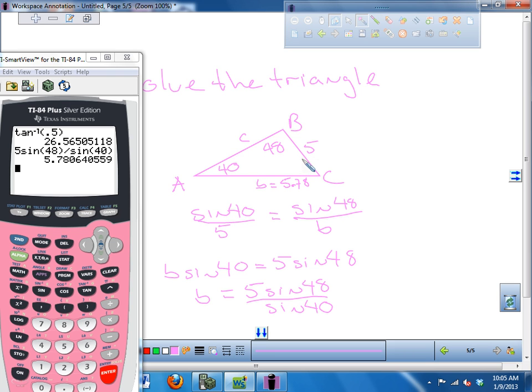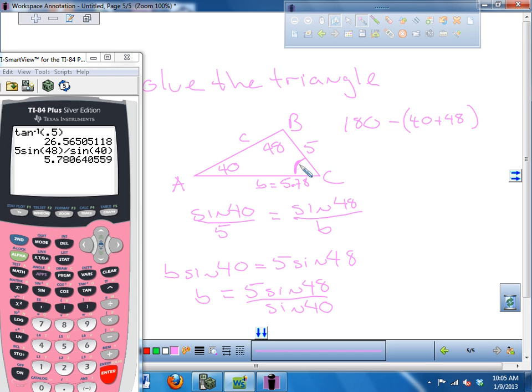The other part of the solution is to find this angle right here, right? I don't have to do any law of sines or cosines. I just need to add up to 180. So this will be 180 subtract 40 plus 48, because triangles add up to 180, alpha plus beta plus gamma.